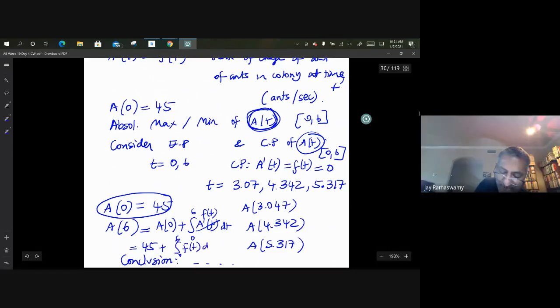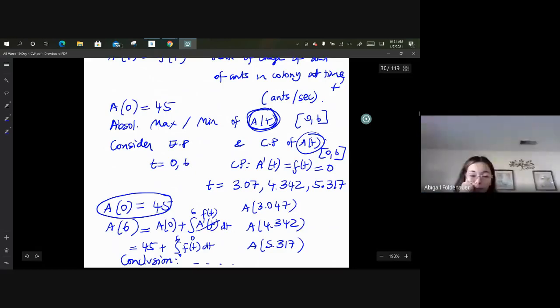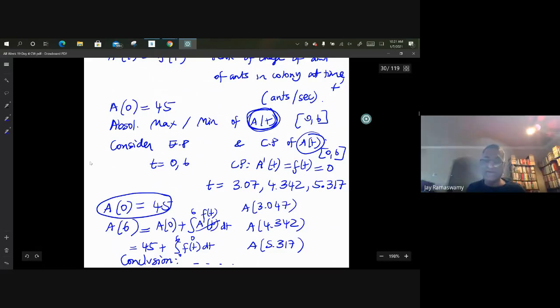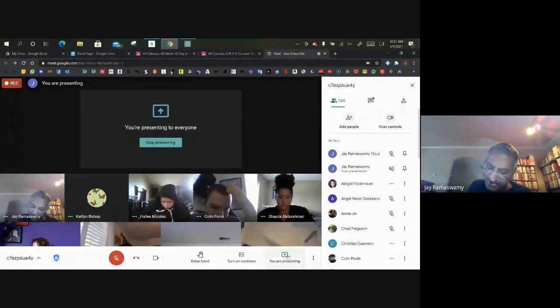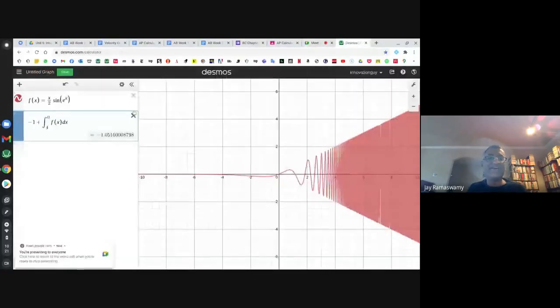Is everybody okay there? Now let me show you how to do this very quickly on Desmos. Stay with me. I want to share a different screen. So I'm going to stop presenting here and then start presenting here. Okay, everybody do this with me. Go to Desmos.